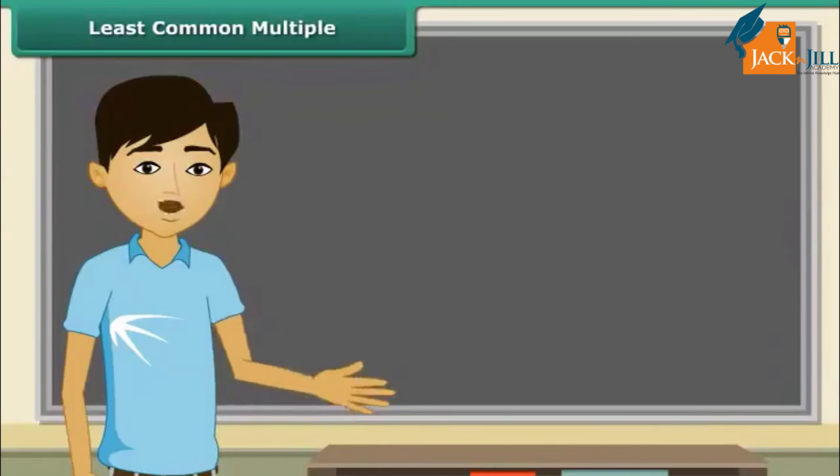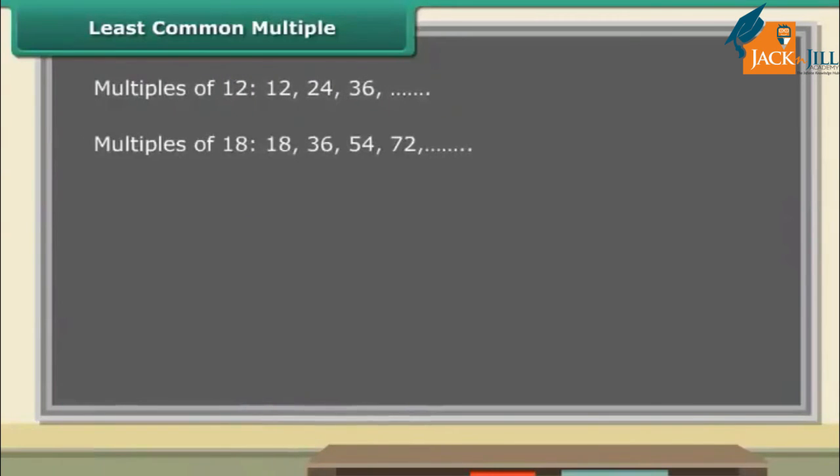Consider the two numbers 12 and 18. The multiples of 12 are 12, 24, 36 and so on. Similarly, the multiples of 18 are 18, 36, 54, 72 and so on.